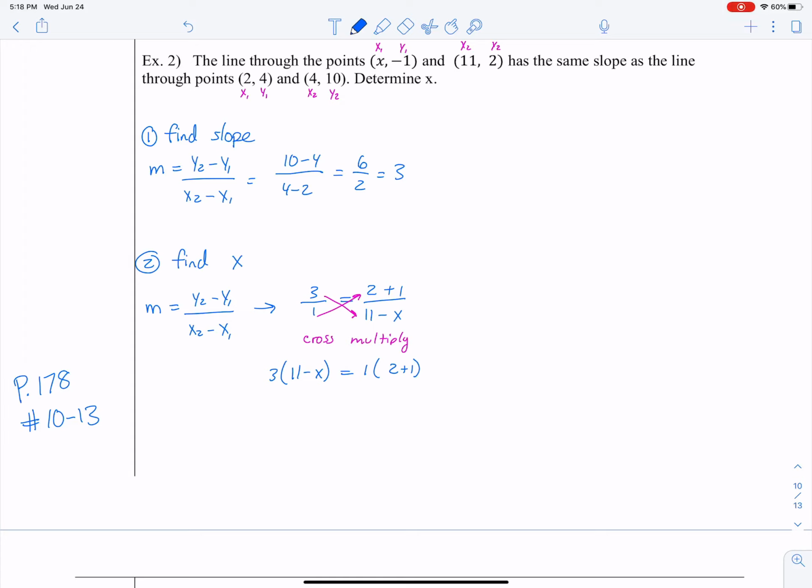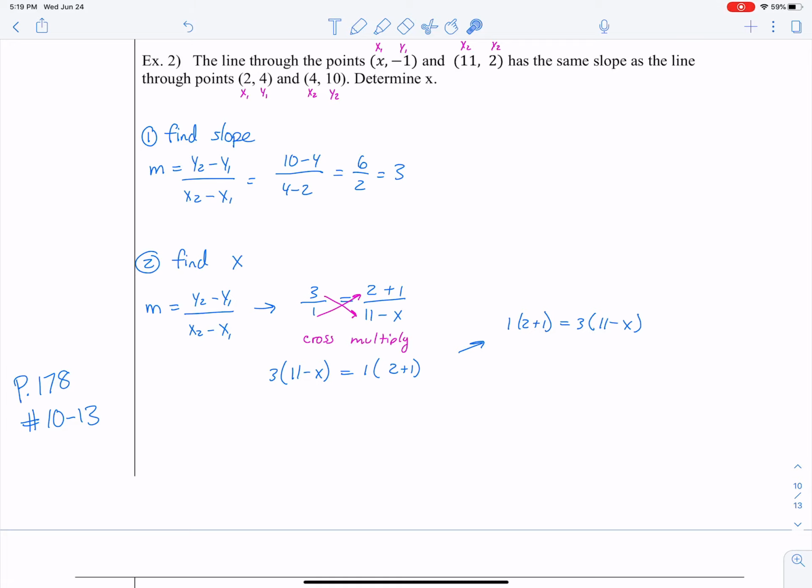I just want to note something. I could have written 1(2 plus 1) is equal to 3(11 minus x). I could have flipped the order like this. These are exactly identical. You can write it this way with the top number on the left and this one on the right, or you could write it this way.